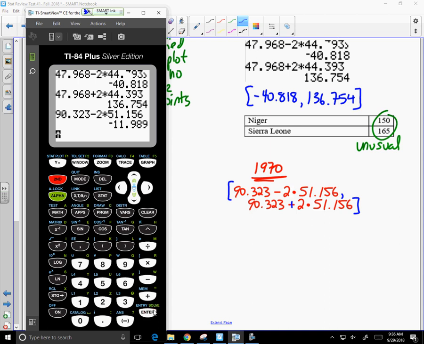All right, so second enter to get the previous calculation, go back, change minus to a plus. We have our interval.